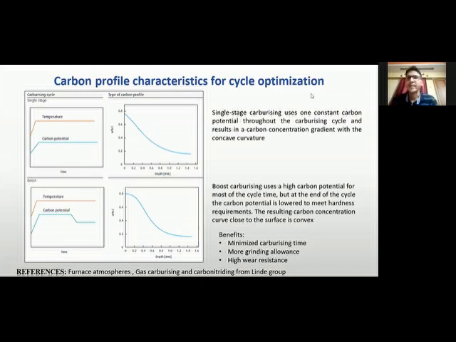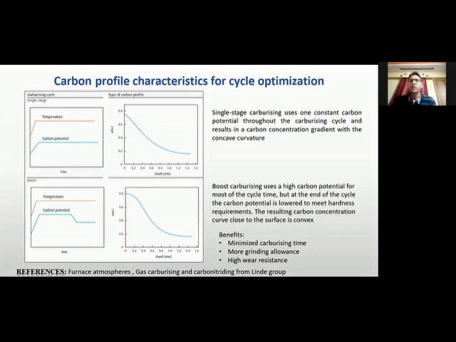In single stage cycle, carburizing is done at one constant carbon potential throughout the cycle and results in a carbon concentration gradient with a concave curvature. We can see in the second graph that the curvature of that KSDF is convex. Because of that, when you do the grinding of that component, the surface KSDF decreases, so that the wear resistance property of that component decreases.